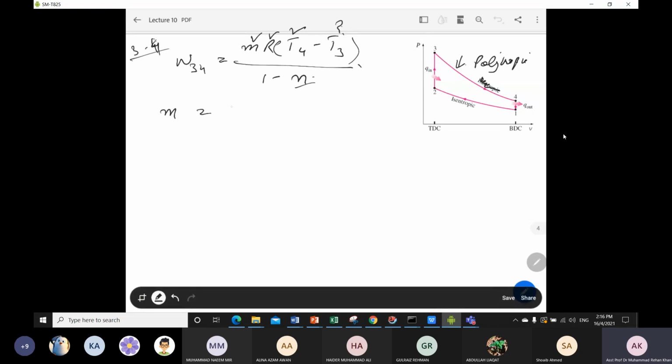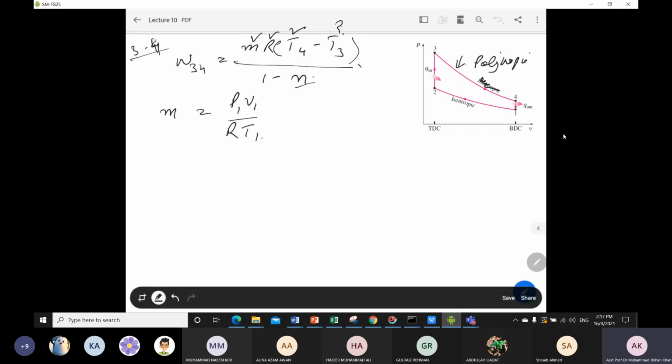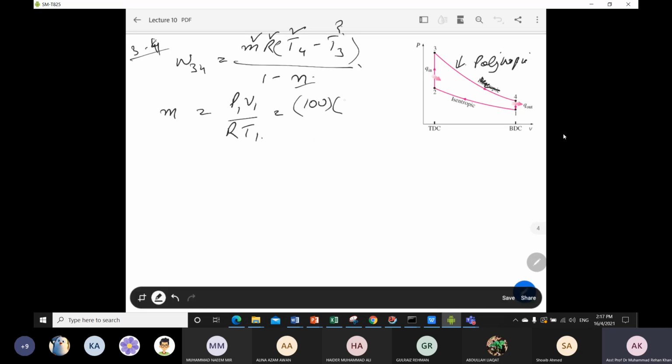For m you already know that the relation is P1 V1 equals m R T1. So m R T is equal to PV. From here you can easily find the mass of your working fluid. P1 is given in your question, 100 kilopascal. Volume 1 is also given in your question, which is 600 centimeter cube, I think.